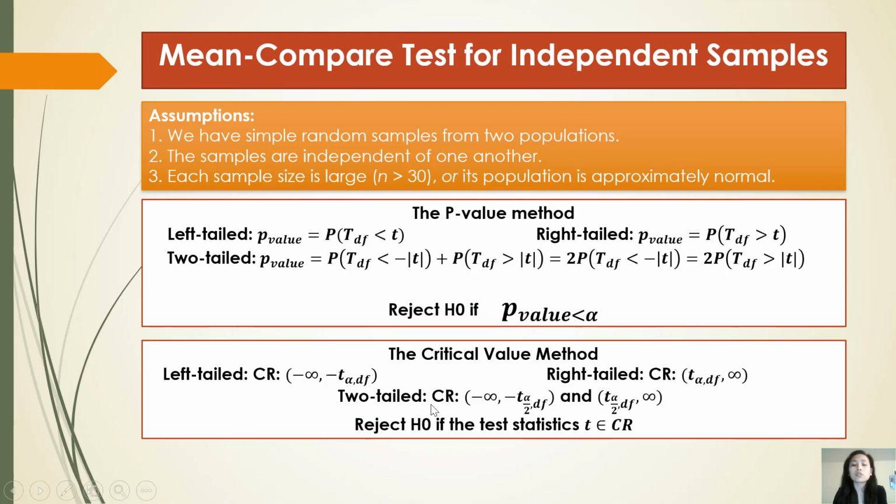For two tail, it should be on the left of the negative critical value and on the right of the positive critical value. So after you have the critical region, we reject the null hypothesis if the test statistic is in the critical region. Here again, the critical region is basically the rejection region. It's just another name of critical region.